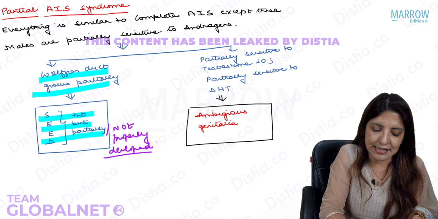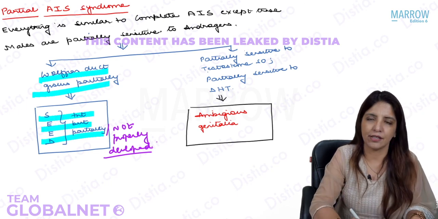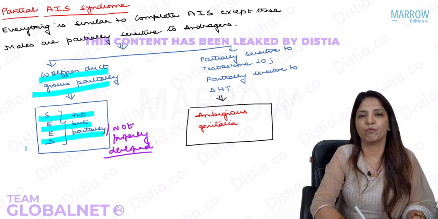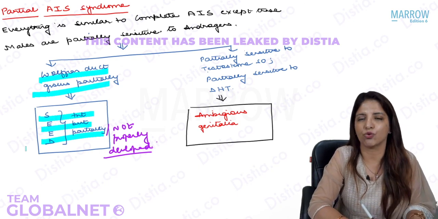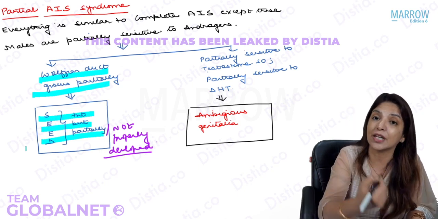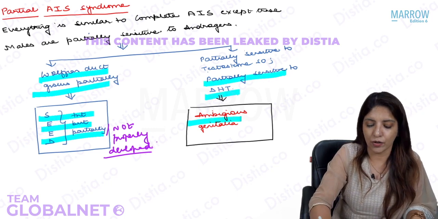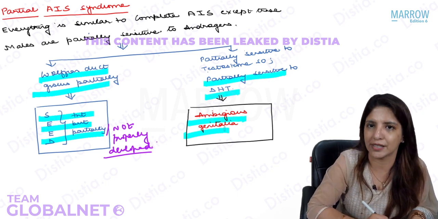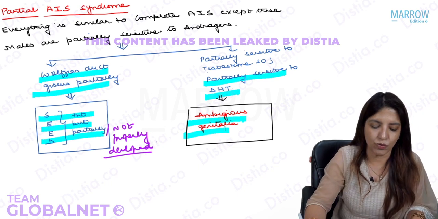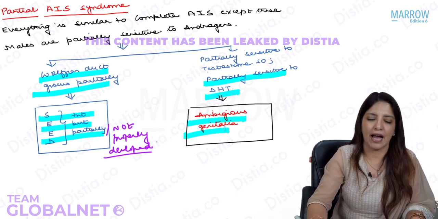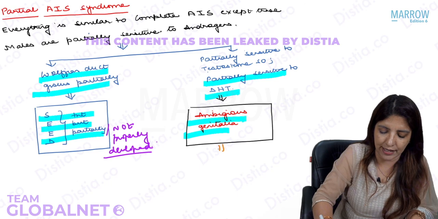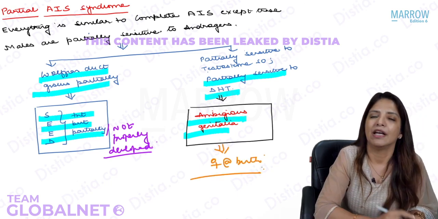As far as the external genitalia are concerned, because they are partially sensitive to testosterone, they will be partially sensitive to dihydrotestosterone, and that is why they are going to have ambiguous genitalia. And these individuals again will be taken as a female child at birth. Right?